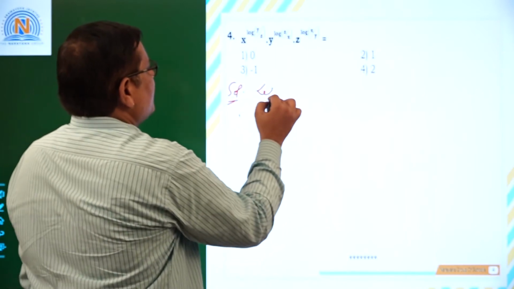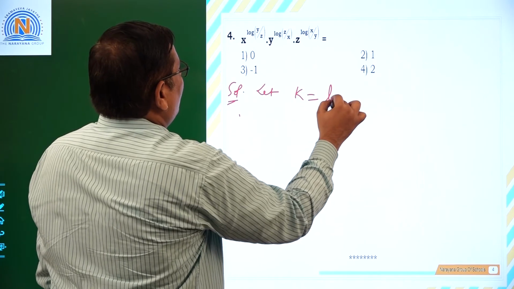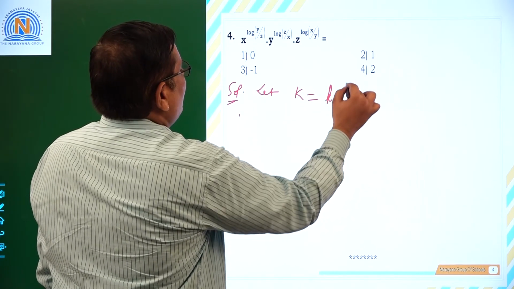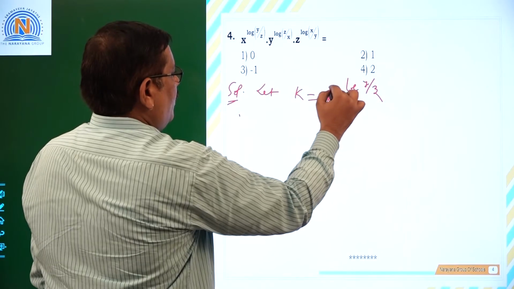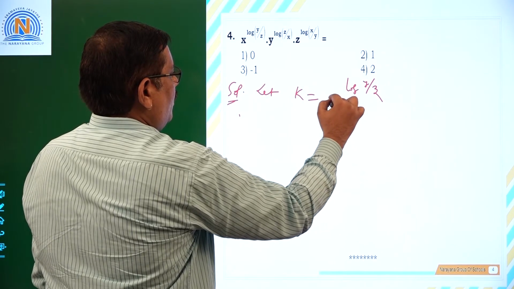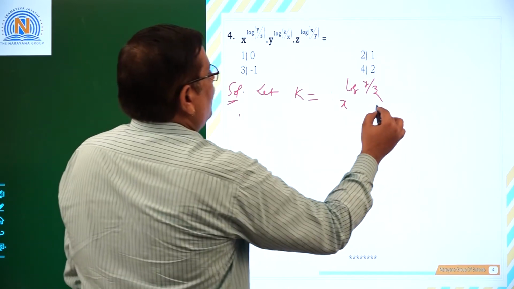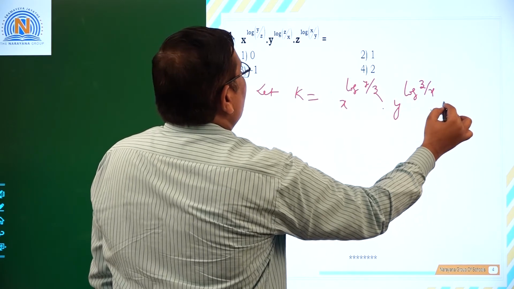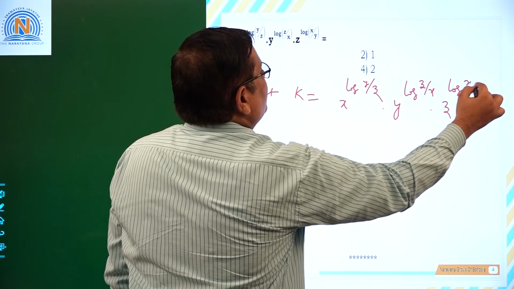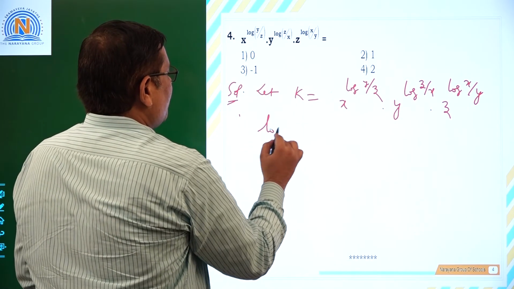Now let me take this entire value as some k. k is equal to x power log y by z into y power log z by x into z power log x by y. Now on both sides let us apply log.